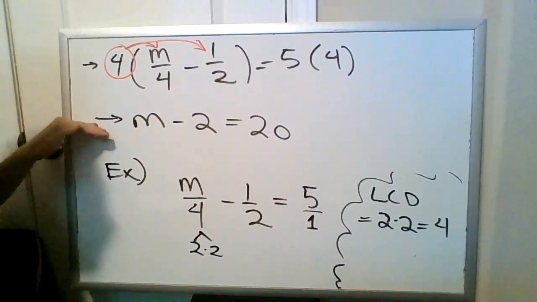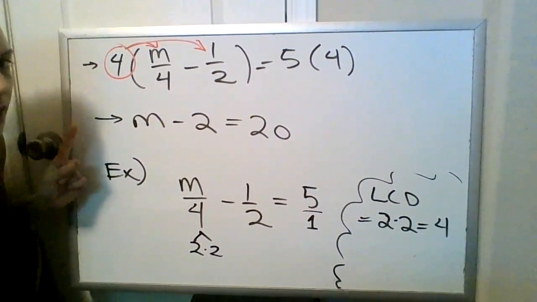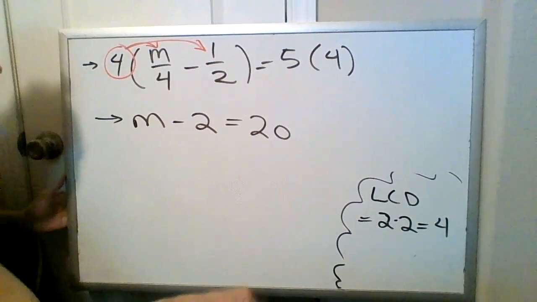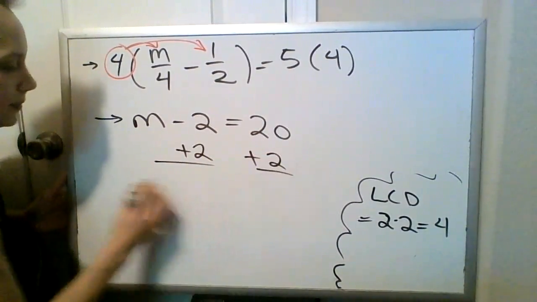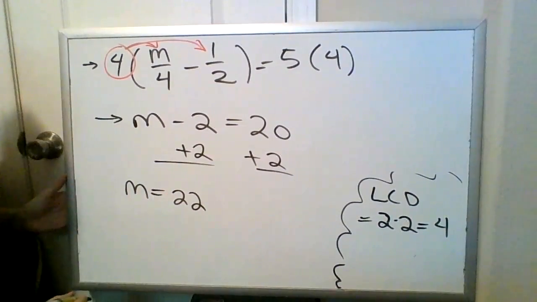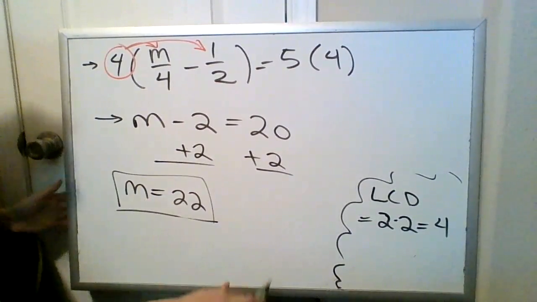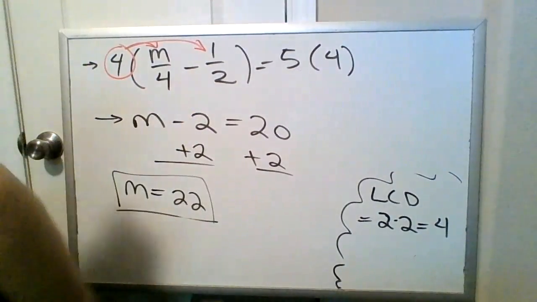So from here to here, I got rid of all of the fractions, and now all I need to do is add 2 to both sides to solve for m. So let's see where we are.